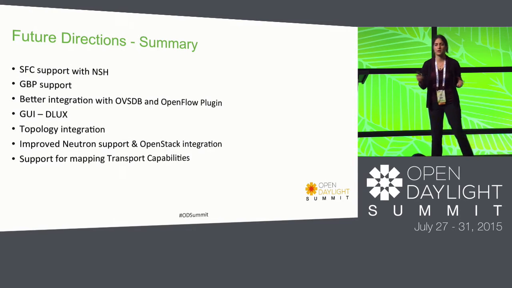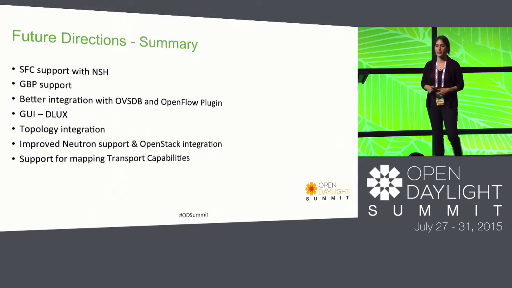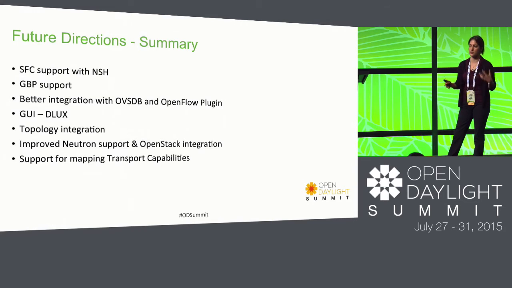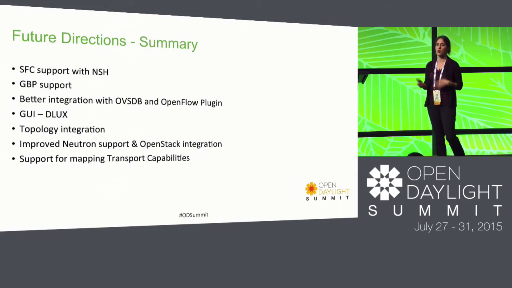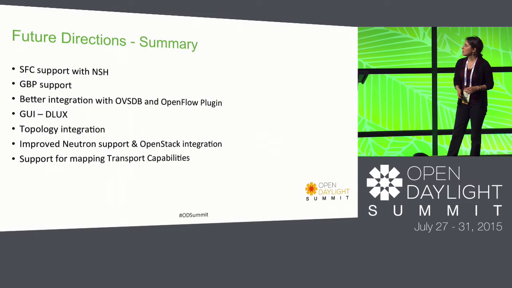So when you map the virtual address to an underlay address, you also say what kinds of transport that underlay address supports. That way we can provide that information, and if there are multiple transport forms supported, then we can do a selection of those.